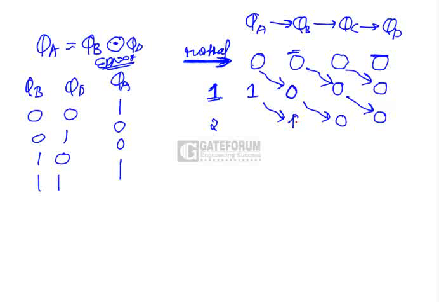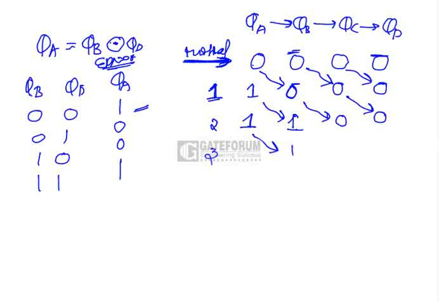Now what is QB XNOR QD here? This is the clock pulse 1 values we have. Since it is 0 and 0, the output of the XNOR gate is 1. So QA is 1.